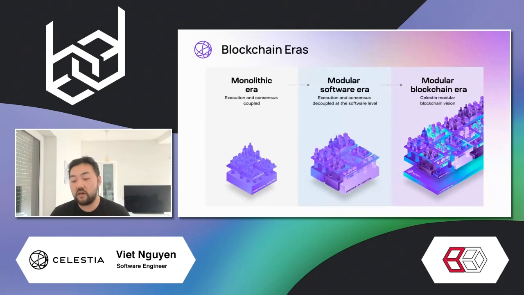Then we shifted closer to the modular software era, where execution and consensus were at least decoupled at the software level. A good example of it is Cosmos, where you were basically defining just how your application chain was running, but everything else you get from the get-go.